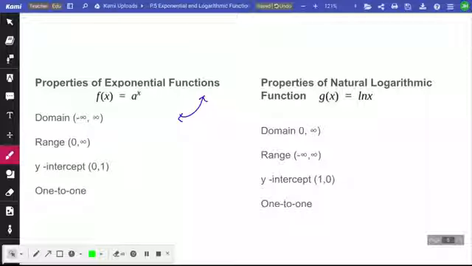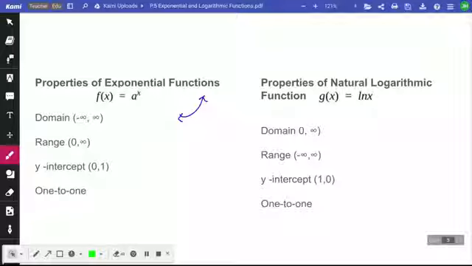But the range starts at 0 and goes up to infinity. The y-intercept does cross at 0, 1, which you saw them all crossing at the same place. It is one-to-one. It does pass the horizontal line test, so it would have an inverse existing.